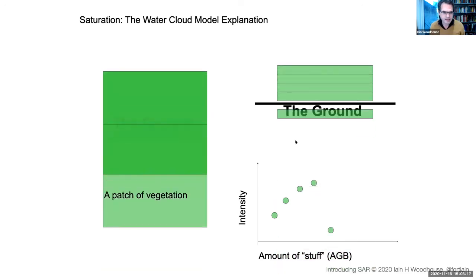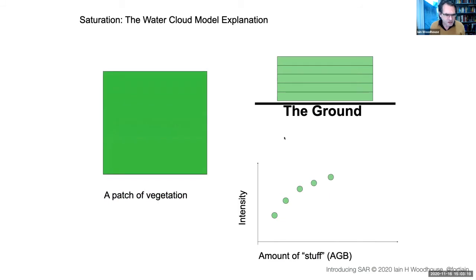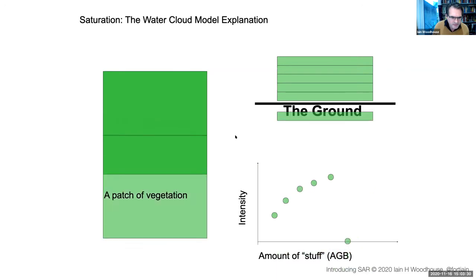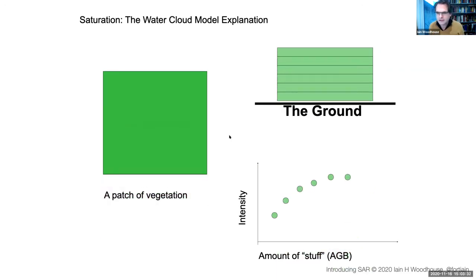I can keep adding layers. Eventually, if you looked very closely, certainly on my screen, probably not through Zoom, I can still just make out the letters behind the 5 layers we've got. But if I go to here, it starts to disappear altogether. As I add more layers, it makes no difference now to the signal. It's as green as it's going to get.